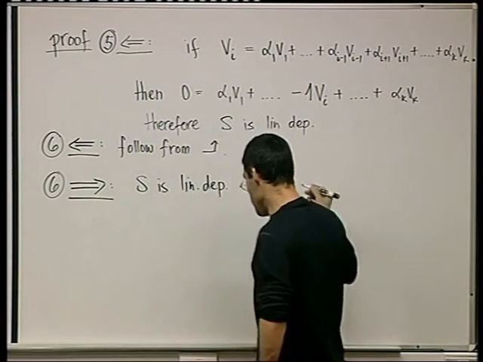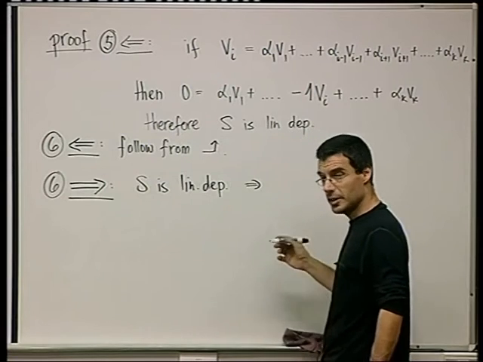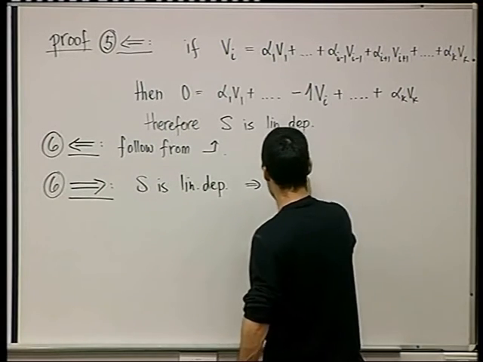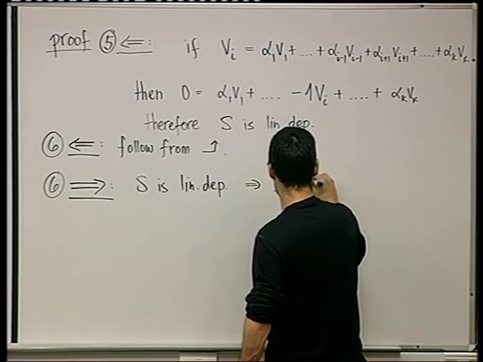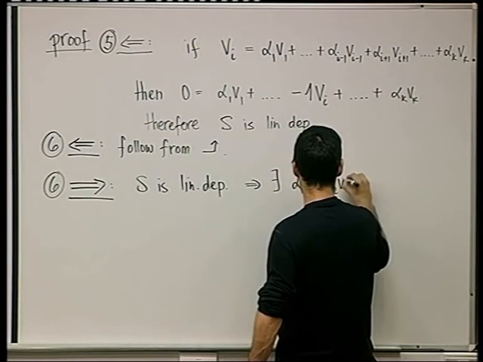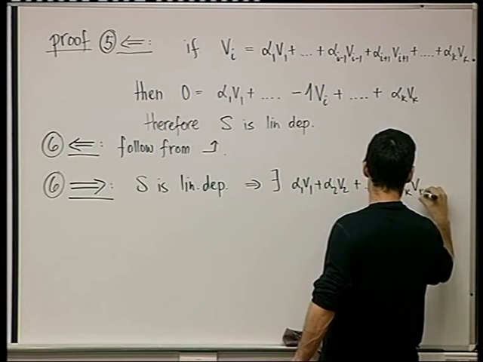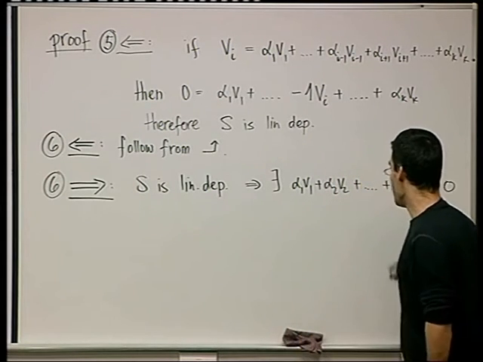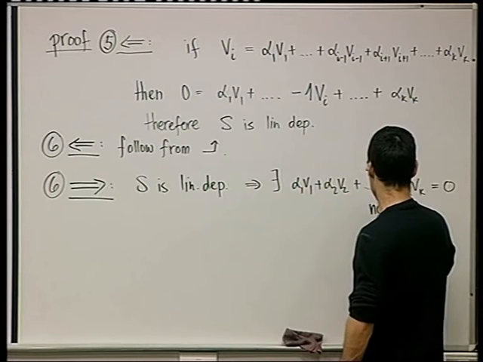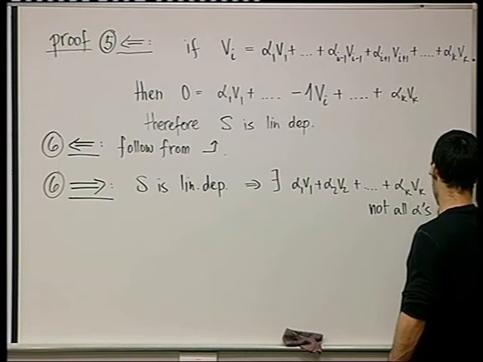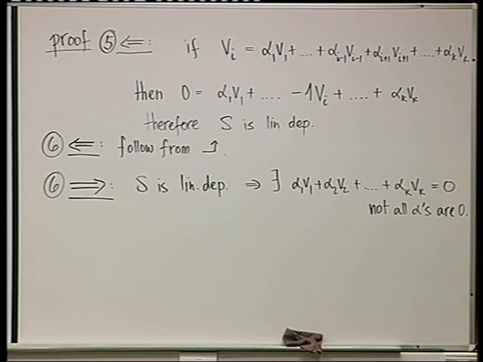Therefore, we know that there exist alpha i's, giving us a linear combination which is 0, where not all the alpha i's are 0. So there exists an alpha 1 v1 plus alpha 2 v2 plus ... alpha k vk that equals 0, where not all alphas are 0.